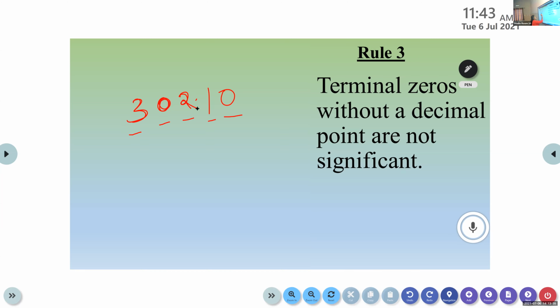So here we need to consider this 0. And what about this terminal 0? According to our rule number 3, the terminal zeros with a decimal point are significant. Here the terminal 0 is after the decimal point, so we need to consider this 0 also. So the significant figure count is 5. Is it clear?